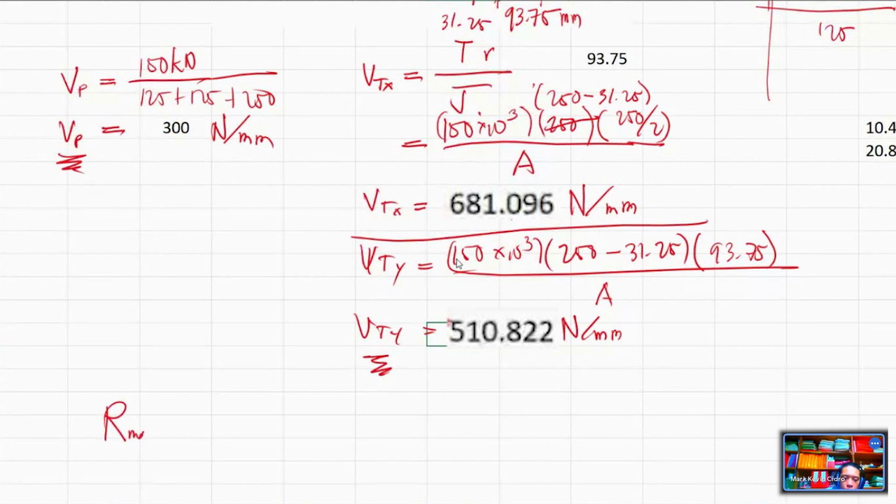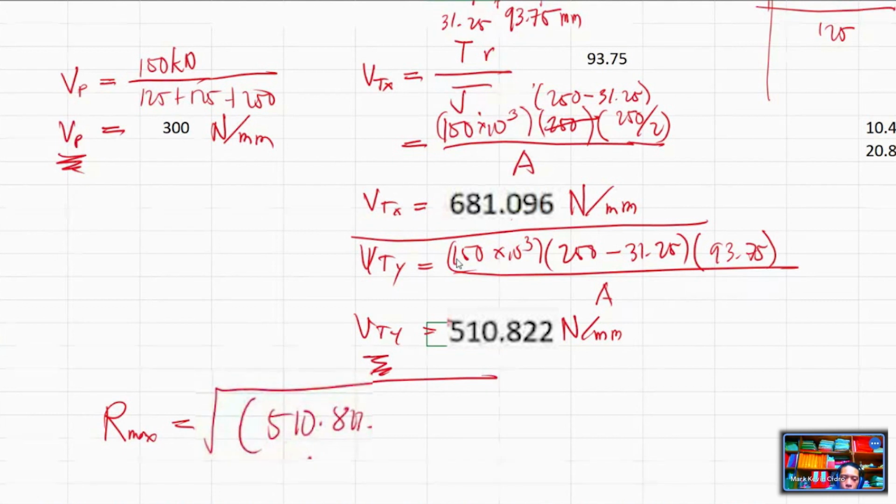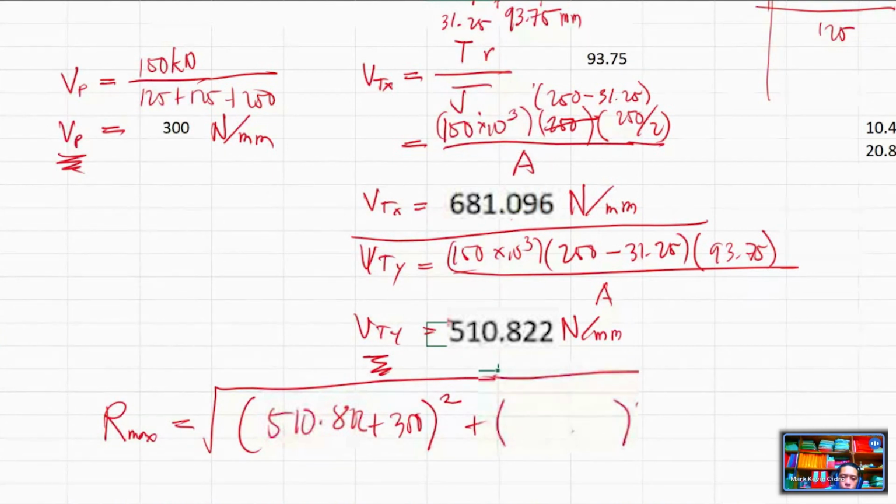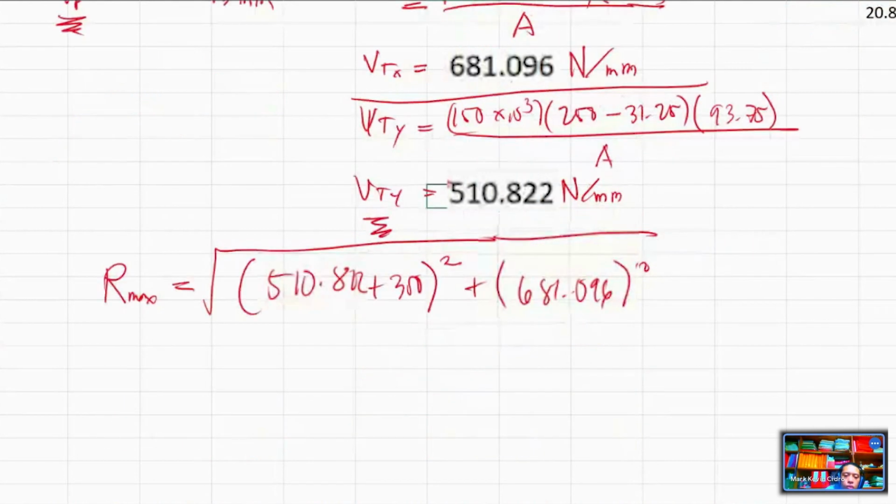So our R max is equal to the square root of 510.822 plus 300, squared, plus your VTX 681.096, squared.